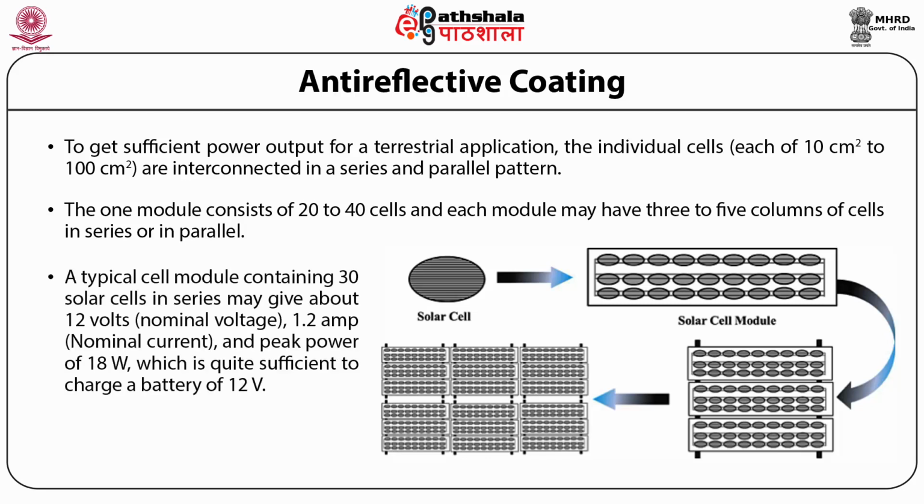A typical cell module containing 30 solar cells in series may give about 12 volts, which is very nominal, and 1.2 amperes, and a peak power of 18 watt, which is quite sufficient to charge a battery of 12 volts.